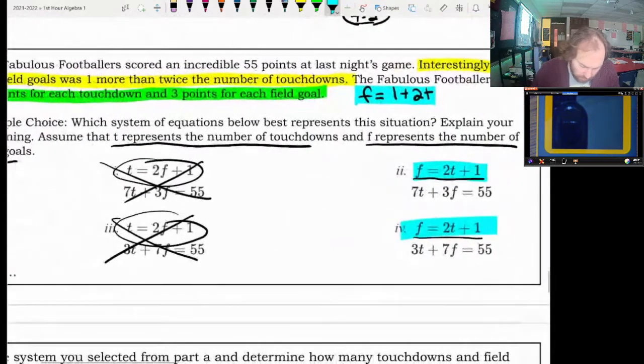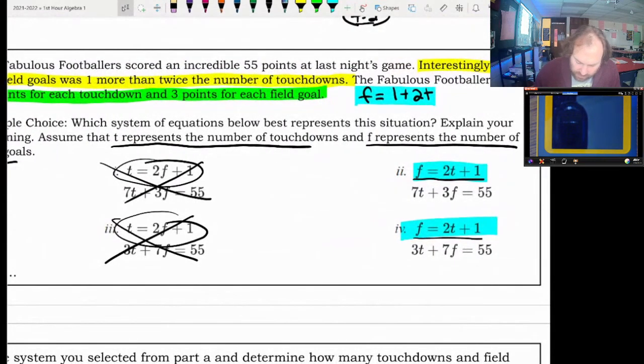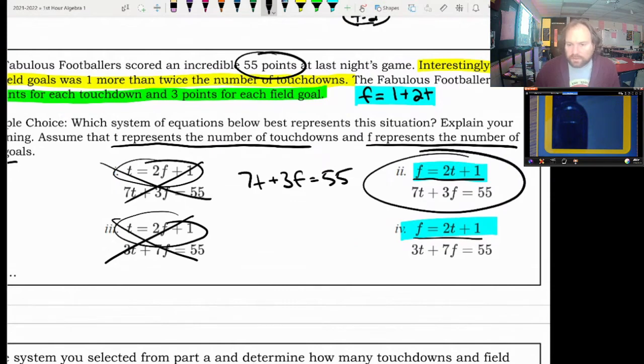As far as the other sentence goes, they scored 55 points altogether. We know that 7 points for each touchdown plus 3 points for each field goal has to be 55 points. And that, my friends, is equation number 2, not number 4. Number 4 has it backwards.